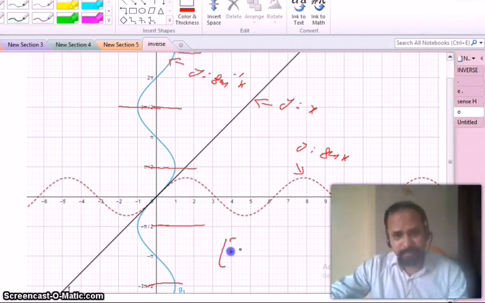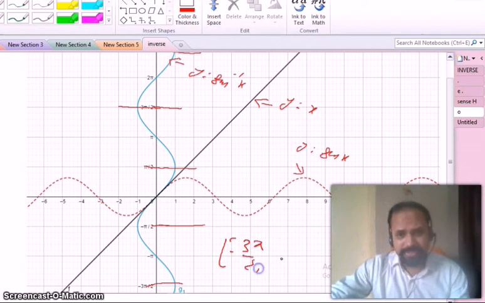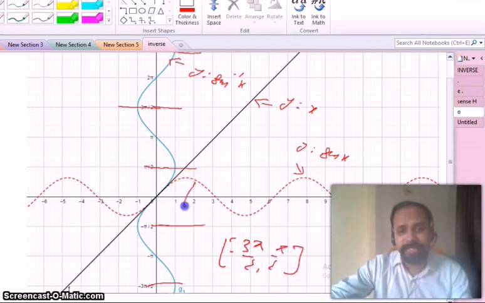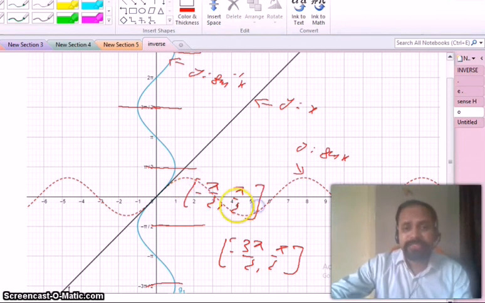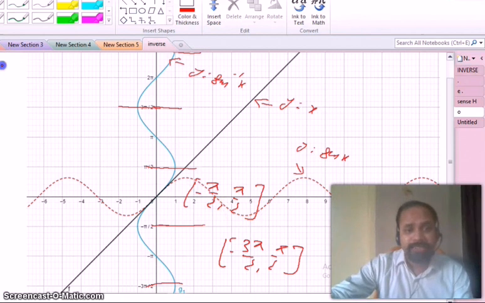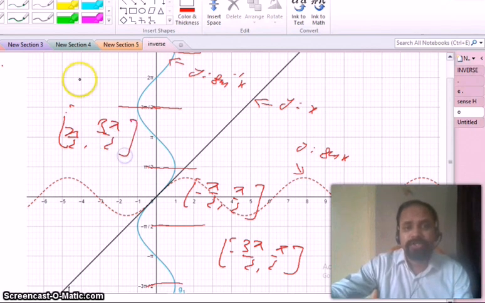If you restrict to this one, the function is defined. If you take this one, minus pi by 2 to pi by 2, this interval also is defined. If you take this interval, pi by 2 to 3 pi by 2, here also the function is defined. Then 3 pi by 2 to 5 pi by 2.